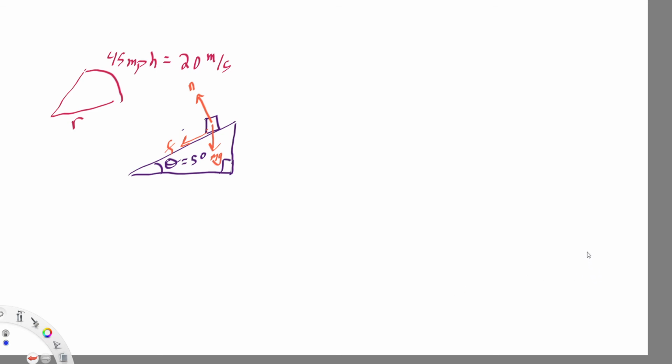And I know earlier when we did a box on a ramp problem, I tilted the coordinate system to make it simpler. I'm actually not going to do that in this case. So I'm going to say that to the left is positive x, and up is positive y.